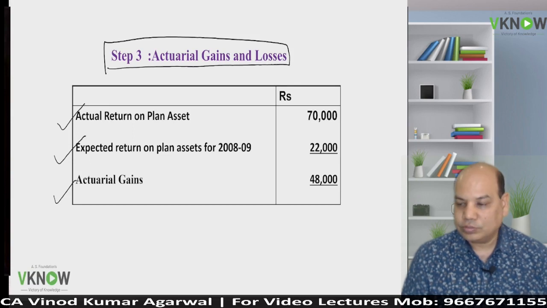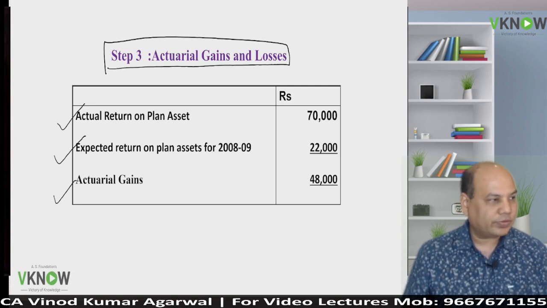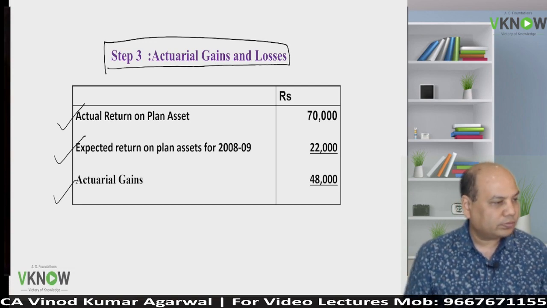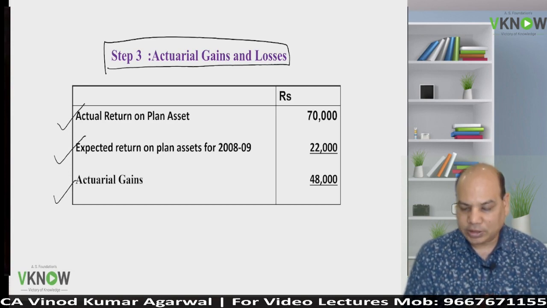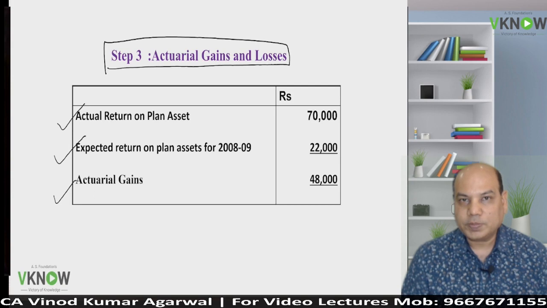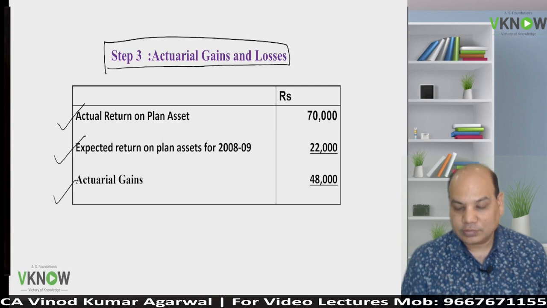If they ask you what is actuarial gain and loss, the student will say: actual return 70,000, expected return on plan asset 22,000.